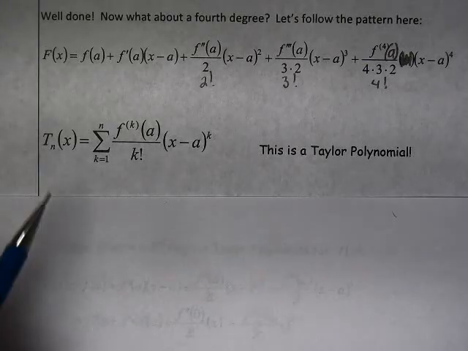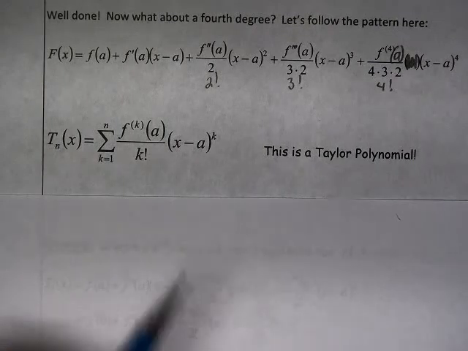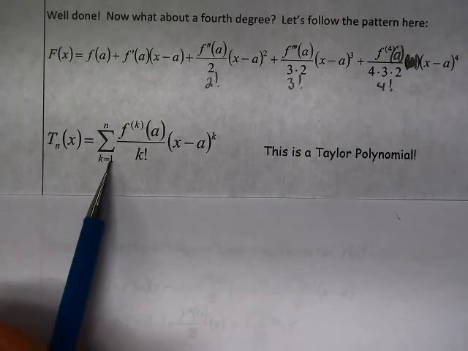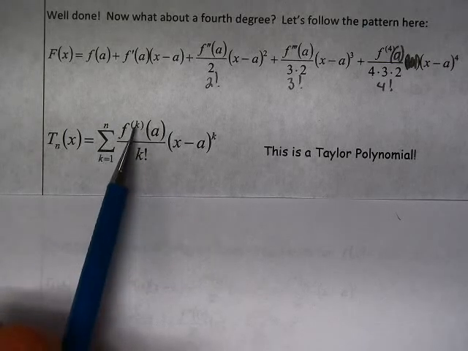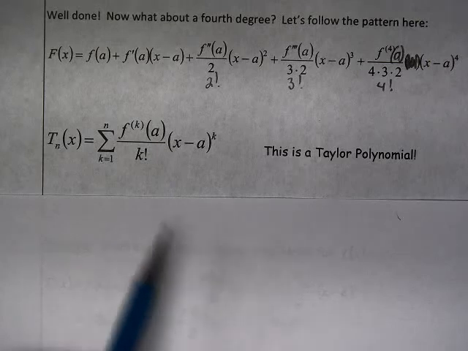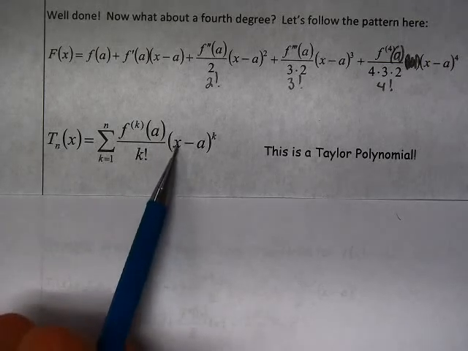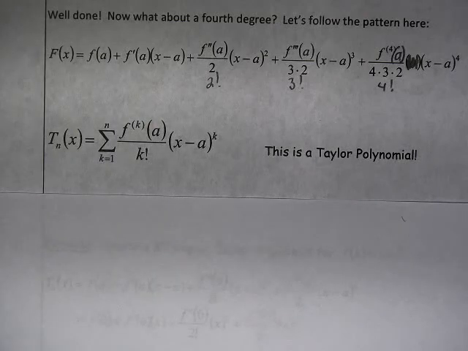We call this the nth Taylor polynomial, and it is the sum of these terms. k starts at 1 and goes to n. We have the kth derivative evaluated at x equals a, over k factorial, times (x minus a) raised to the k power. That's our Taylor polynomial. So this is the general form for a Taylor polynomial of any function.